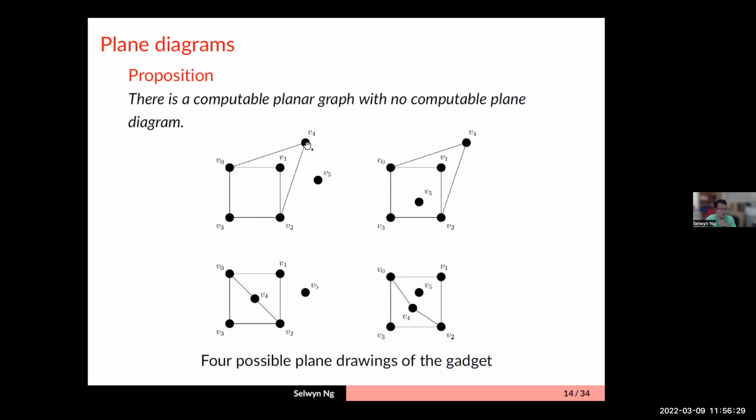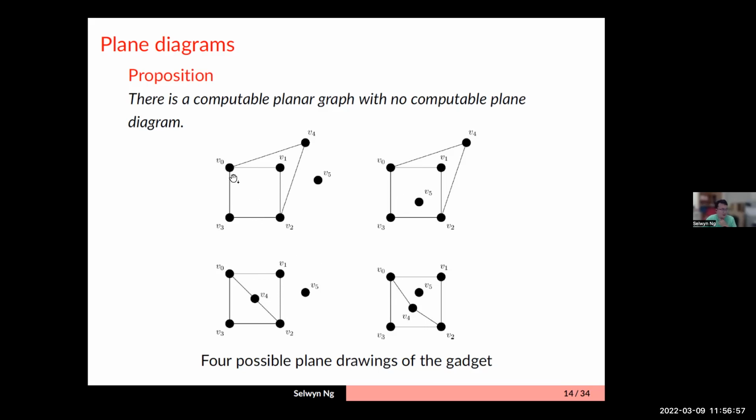The question is whether V4 and V5, the two vertices here, are both on the same side of the face generated by the 4-cycle here. So on the top left, you have V4 and V5 both on the exterior face. On the bottom right, you have V4 and V5 both on the interior face, and then the other two represent one on each side.